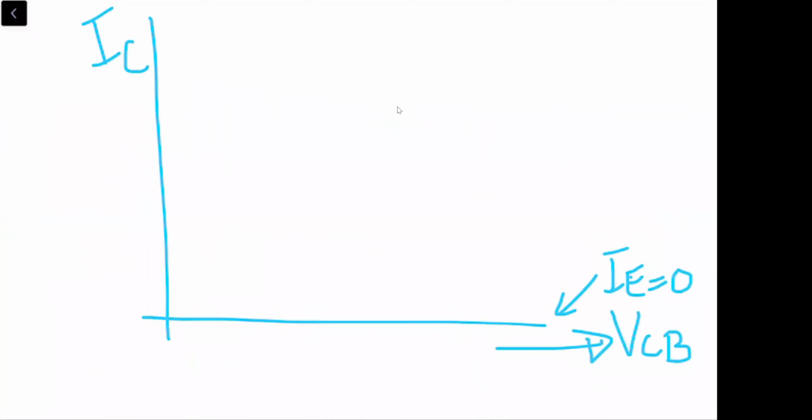The scale over here is in the range of milliamperes, and this current flowing due to the minority carriers is a very small current, in the range of microamperes. So this current will be almost at the same level as the horizontal line over here, right?